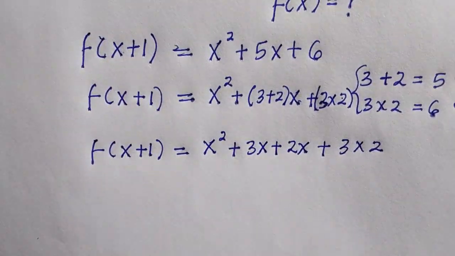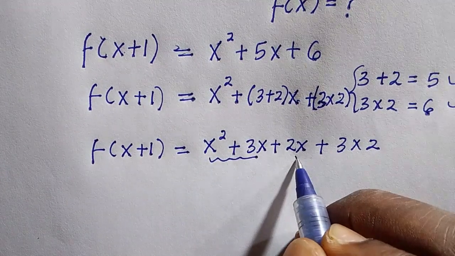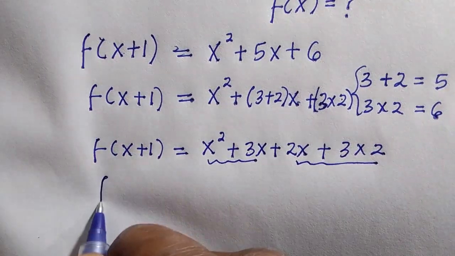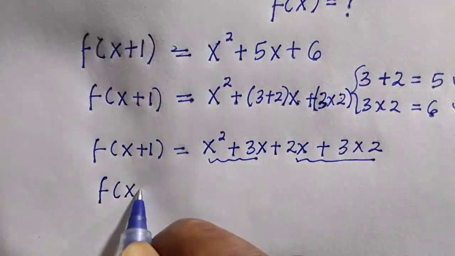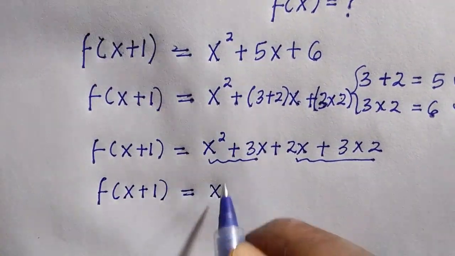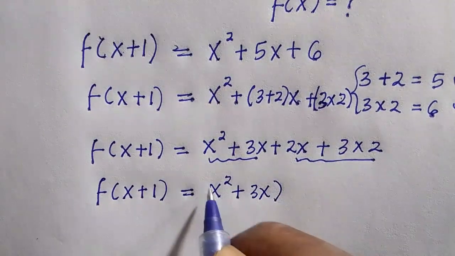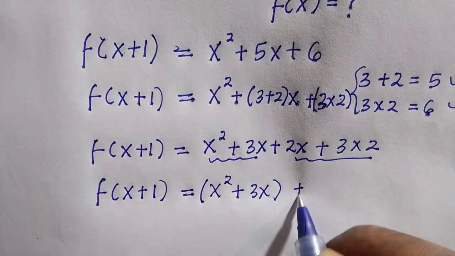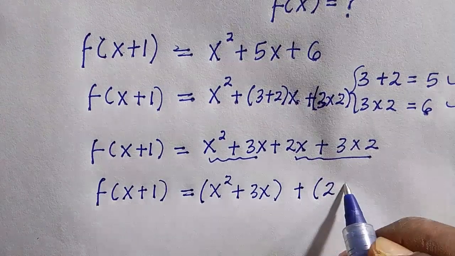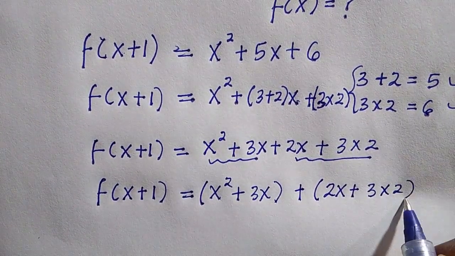So then let's try to group this. We group this out, which is f of x plus 1 equals x to the power 2 plus 3x, in bracket, plus open bracket 2x plus 3 multiplied by 2.